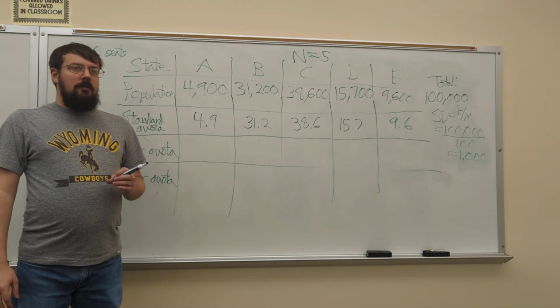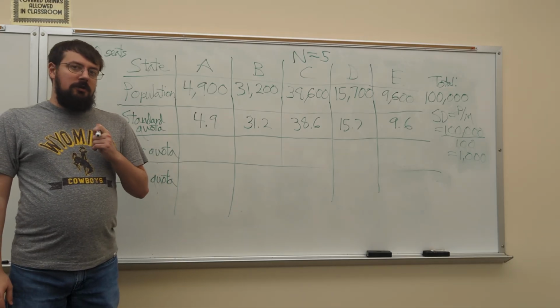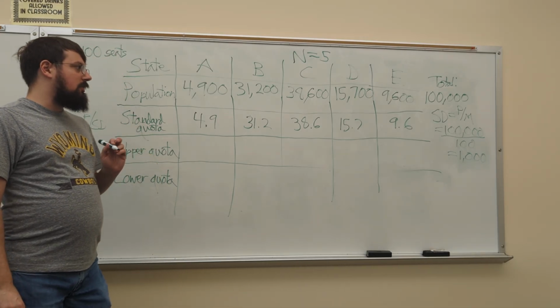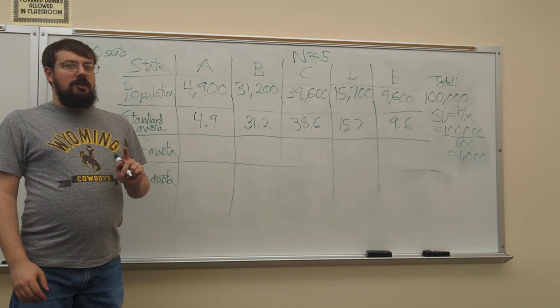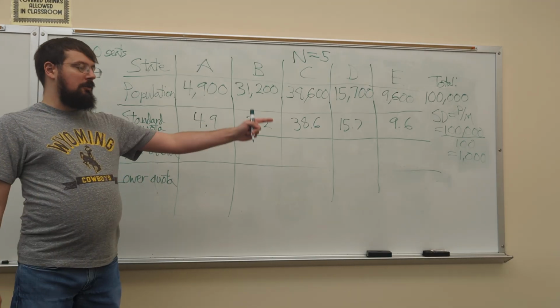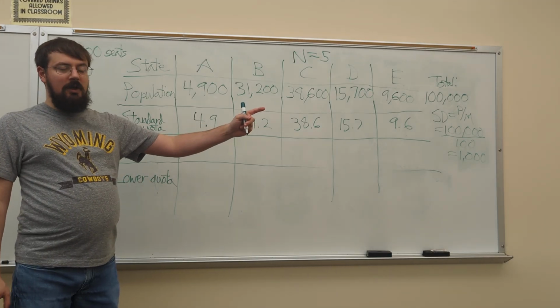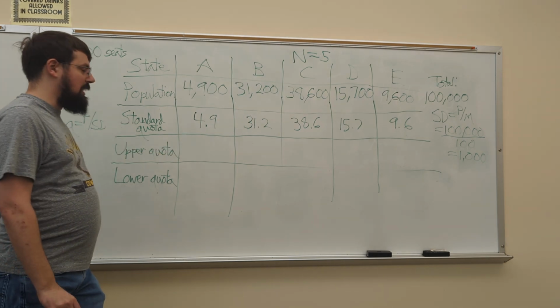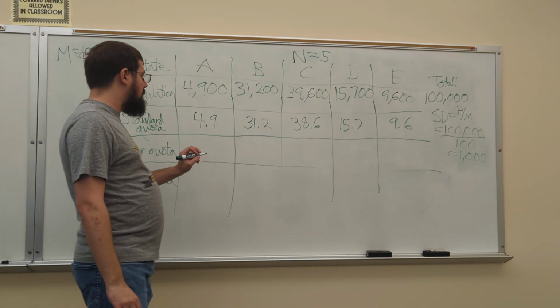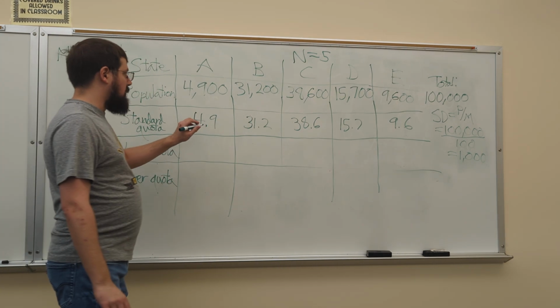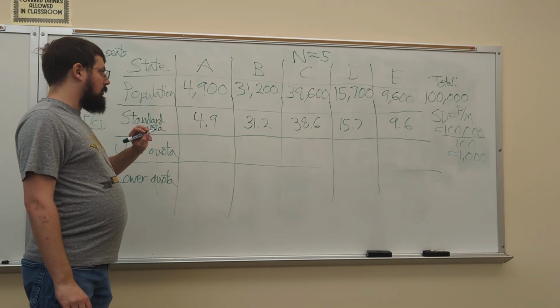Now, one other thing about standard quotas is that you cannot simply round all of the standard quotas to the nearest whole number and make the apportionment immediately based on that. If we did that, I'm just going to write the rounded values in the corners here.